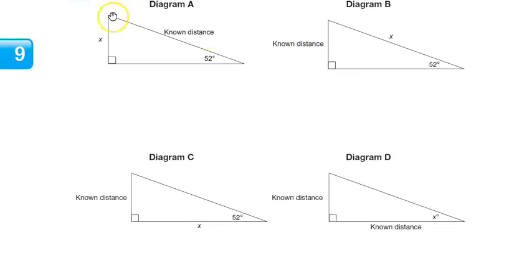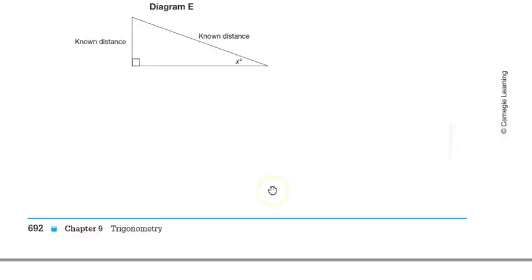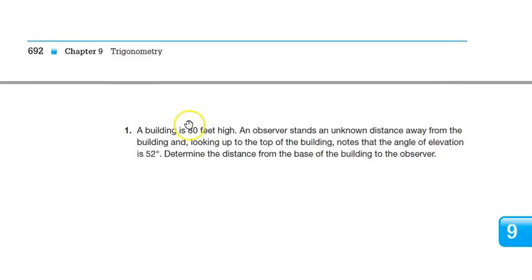Each one of them has a diagram or a model that represents that word problem. So like problem A is talking about a building that's 80 foot high, and the observer is some unknown distance from the base of the building. And they look up at the top, they realize that there's an angle of elevation of 52 degrees.